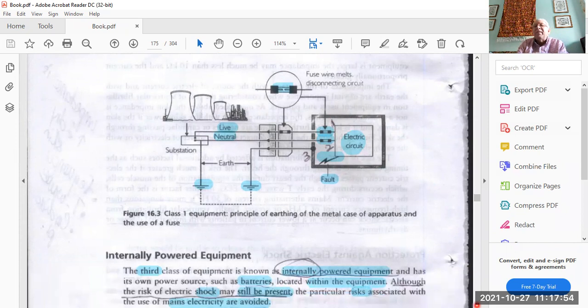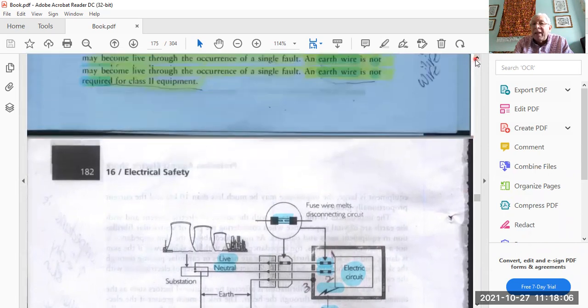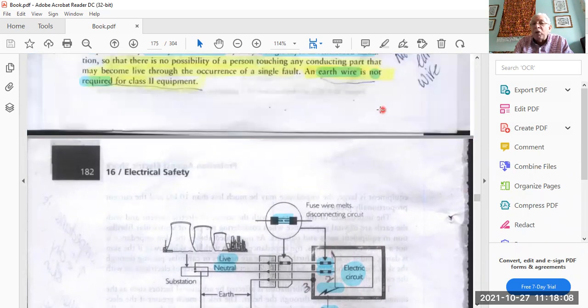The third thing is to use an internally powered source such as batteries. So whenever I have a battery, I avoid the complications of electrical alternating current.